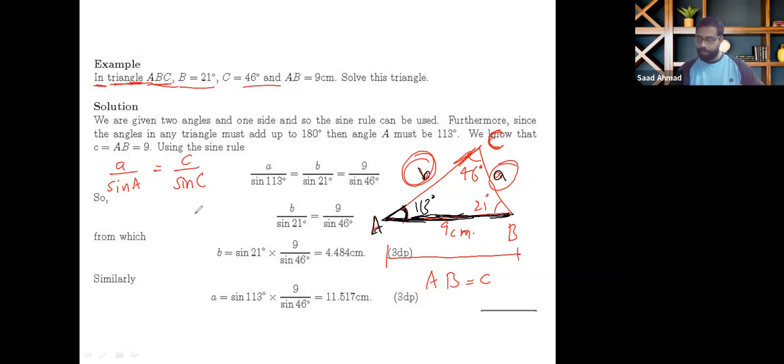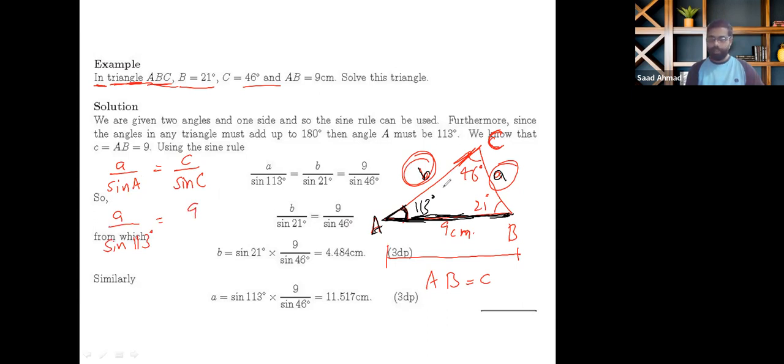3 things out of 4 should be known. Then A over sine A equals, so how much is A? That's what we want to find. The angle A is 113. What is C? That is 9.